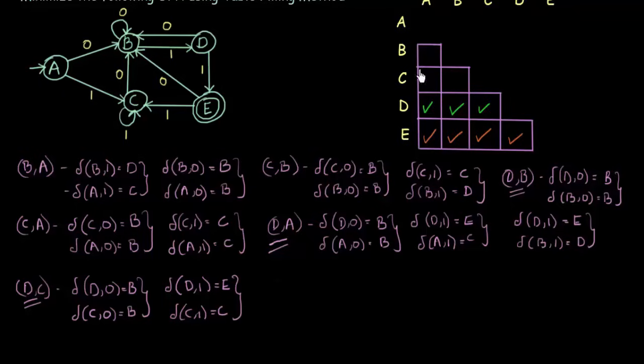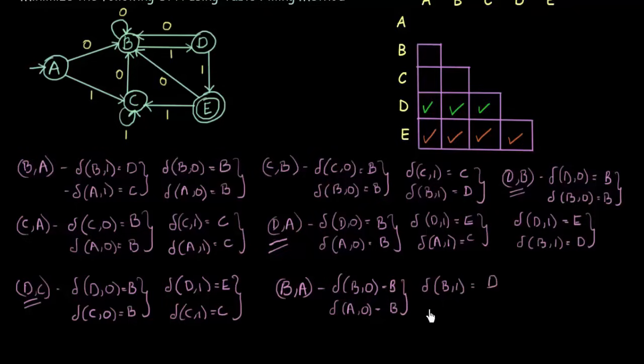The first one being BA. So BA, let's see, where do they go? B on getting input 0 goes to B, and A on getting input 0 also goes to B. We get this pair BB, which is not there, so no need to do anything. And B on getting input 1, where does it go?